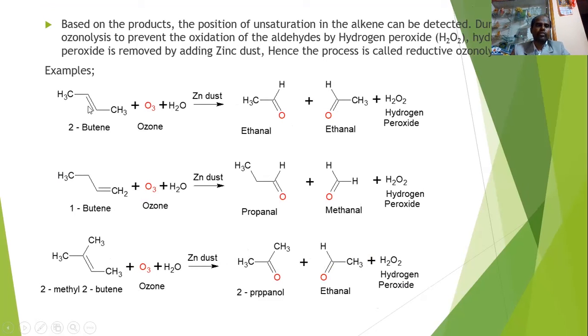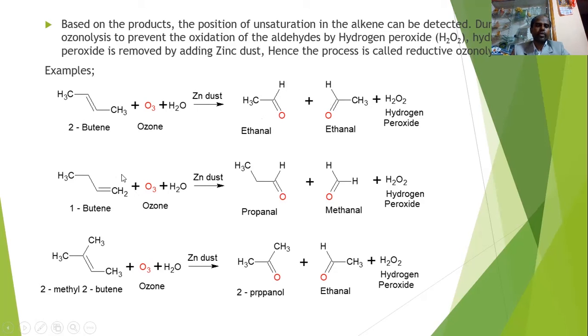Take the example 2-butene, a symmetrical alkene. When a symmetrical alkene undergoes ozonolysis, it gives only one type of carbonyl compound. That means 2 molecules of ethanal are obtained. So based on that, we can say that the double bond in the alkene is a symmetrical one.